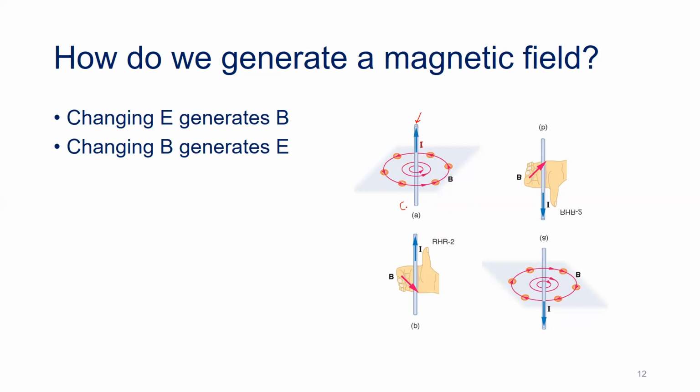So I can easily say that my positive charge is sitting here and negative charge is sitting here. The positive charge is trying to get towards the negative charge, or the negative charge is trying to get towards the positive charge, because there is a force of attraction between the two. We can refer to Coulomb's law.